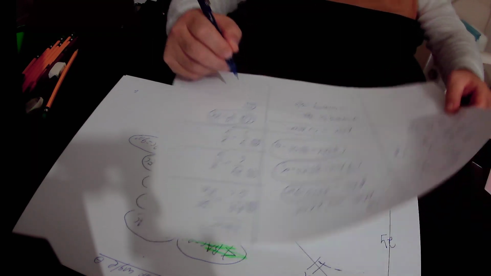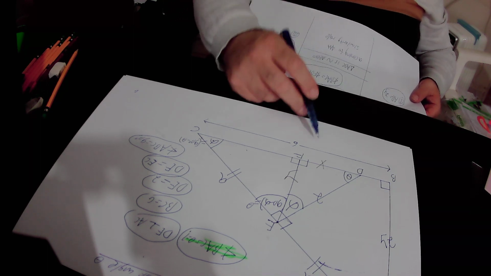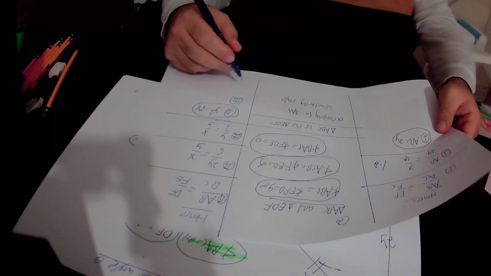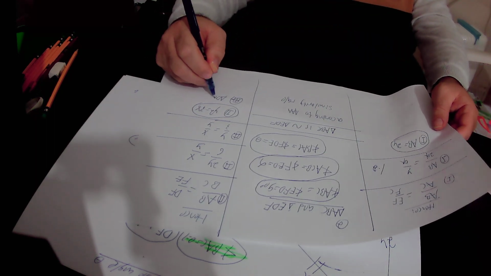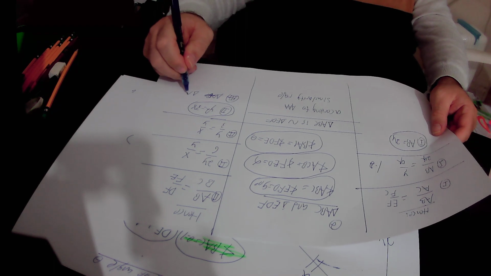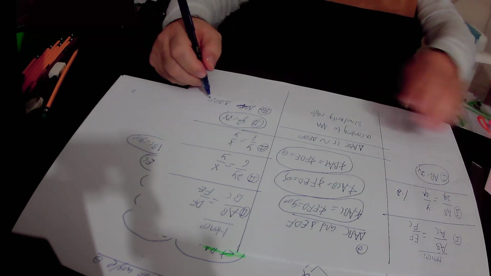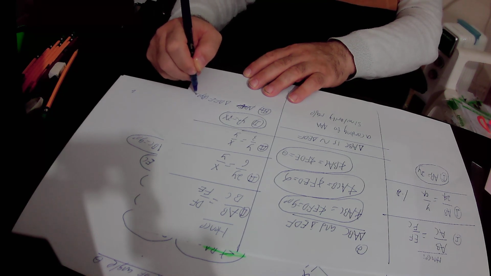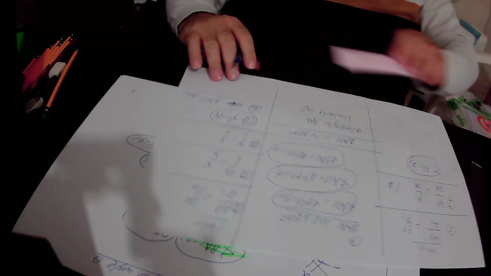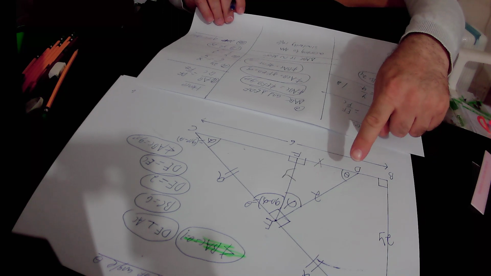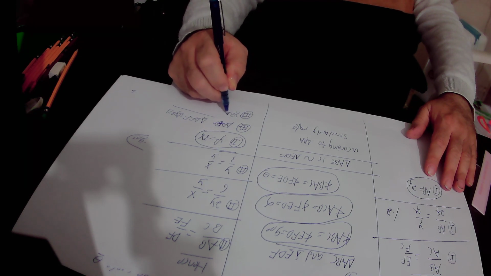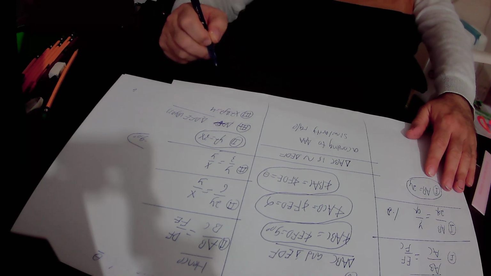According to the third equation, in the right triangle DFE, by Pythagoras theorem, we will get that x squared plus y squared equals 2 squared, that is 4.